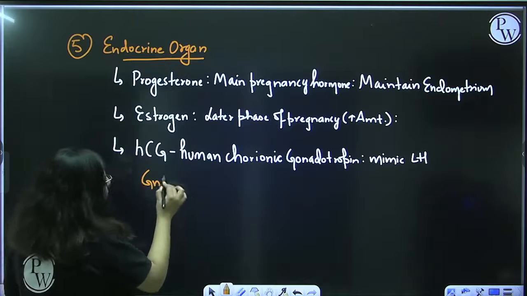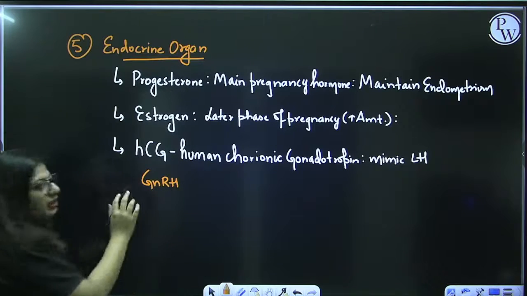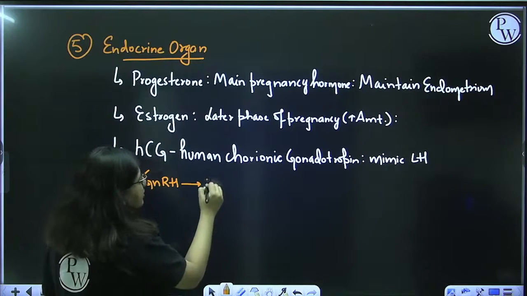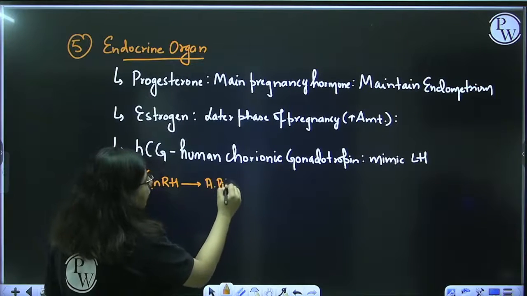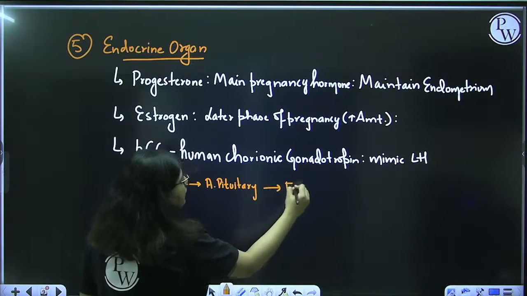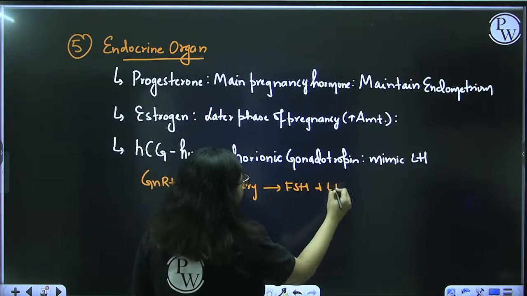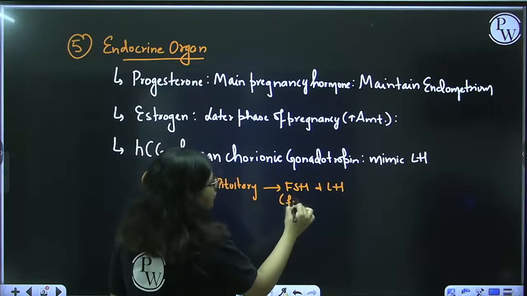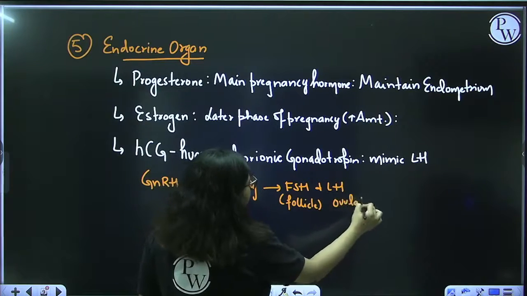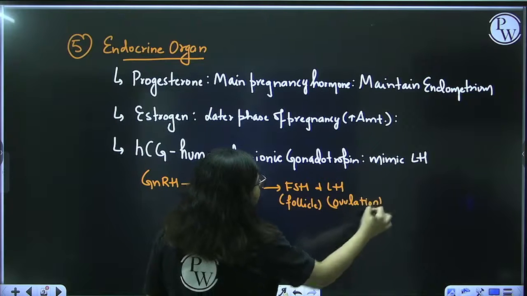In the female reproductive system, in a non-pregnant female, when GnRH comes, it asks the anterior pituitary to secrete FSH and LH, right. FSH develops follicles, LH does ovulation. This is what we have studied so far.